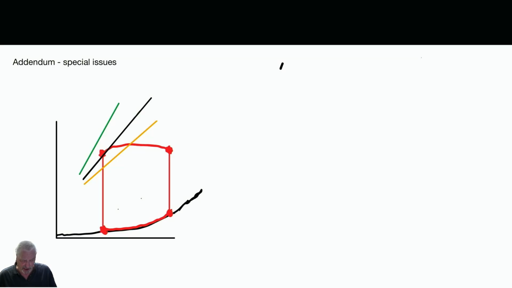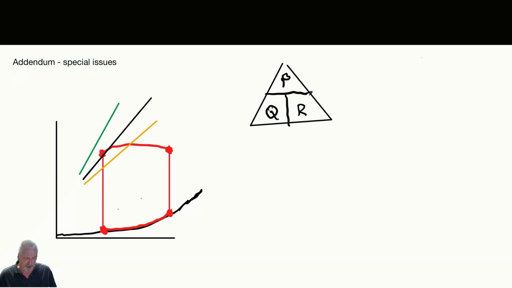So just to remind you about the relationships between pressure, flow, and resistance, we can draw our triangle to help us remember Poiseuille's law, writing things in alphabetical order, P, Q, R, where pressure is P and Q is flow and R is resistance. And you cover up the one you want to solve for.